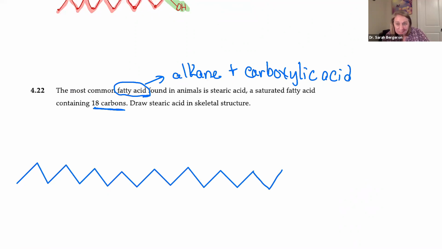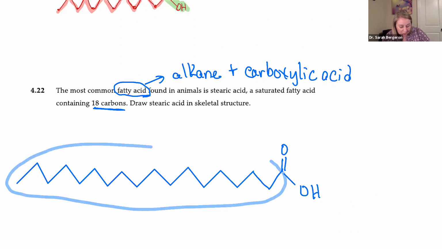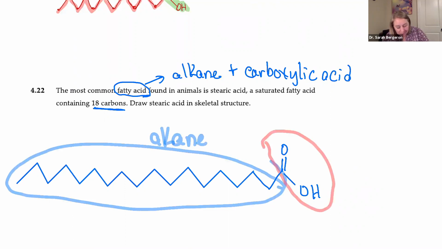Now, attached to that last 18th carbon, I have a double bond to an oxygen. Then I have a single bond to an oxygen and a hydrogen. And that gives me this part being my alkane, and then this part being my carboxylic acid. Okay. And that is it for 4.1 through 4.3.